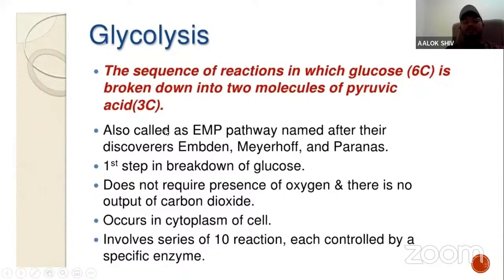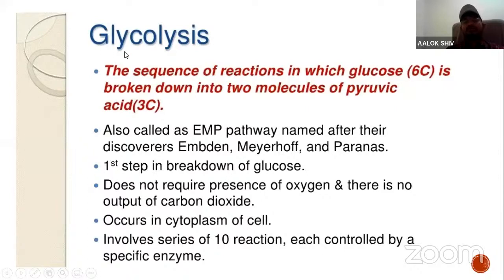This is also called the EMP pathway, because it was discovered by three scientists, Embden, Meyerhof, and Parnas. This is the first step in the breakdown of glucose, and it does not require the presence of oxygen, and there is no output of carbon dioxide.